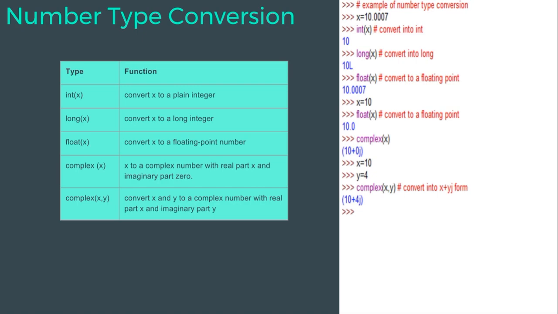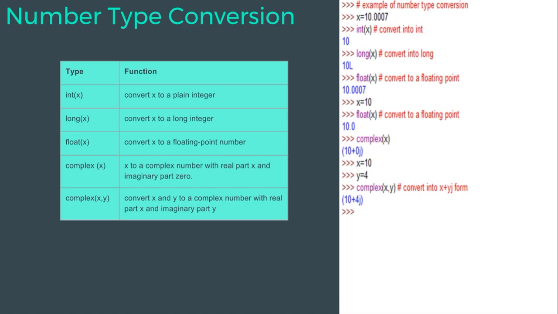Now let's take an example of number type conversion in the IDLE shell of Python. Here x is equal to 10.0007. If you want to convert x into an integer type number, you have to write int and a small bracket with x. That will convert your x into the integer form of x.